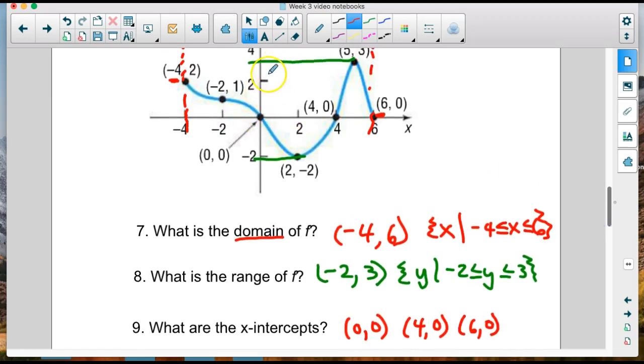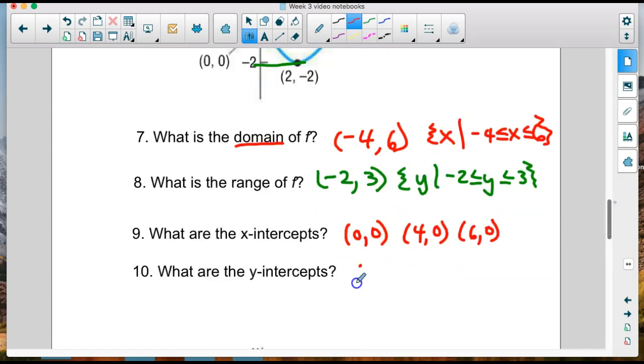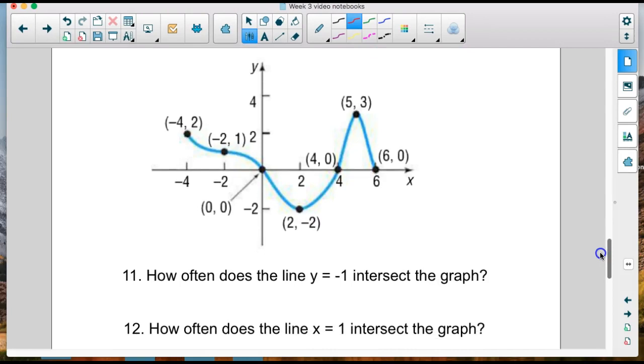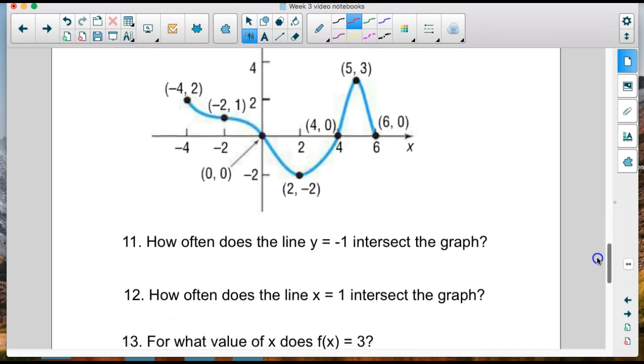It only crosses the y there. It doesn't cross again. If it did, it wouldn't be a function. So in this case, 0, 0 is also a y-intercept as well as being the x-intercept because it goes through the origin.